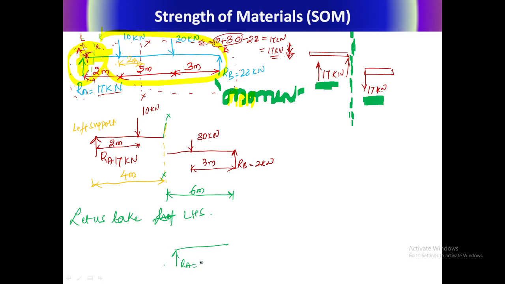The reaction force is 17 kilonewton, and the load is 10 kilonewton, which is acting in the downward direction. So what is the transverse load experienced by the left side portion? How much load is going to act over that particular left side portion?